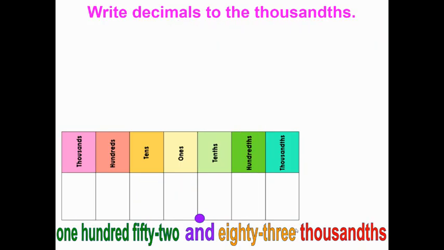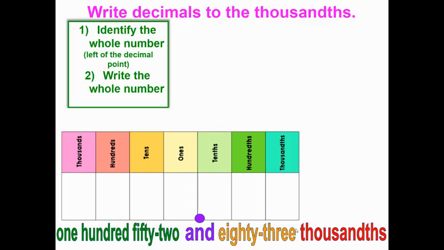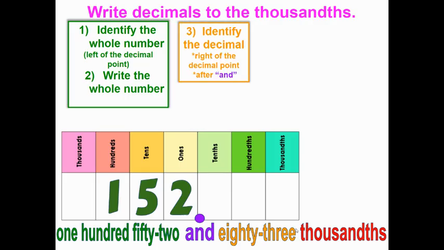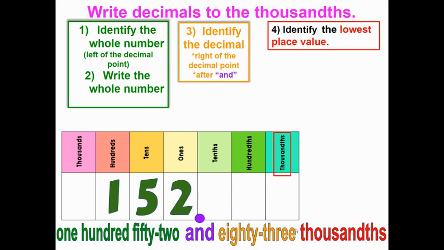Last one, 152 and 83 thousandths. I'm going to represent 152 in the place value chart, but write that whole number in. 1 hundred, 5 tens, 2 ones. And everything to the right of the decimal point or after the word and is my decimal. I recognize that it says 83 thousandths. I'm going to identify the lowest place value, which is the thousandths place.